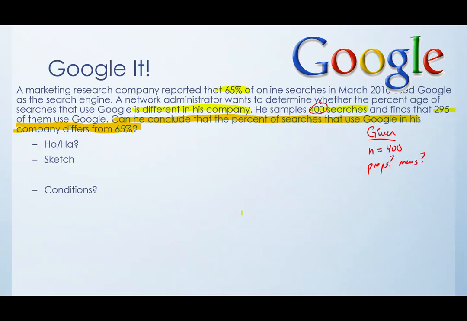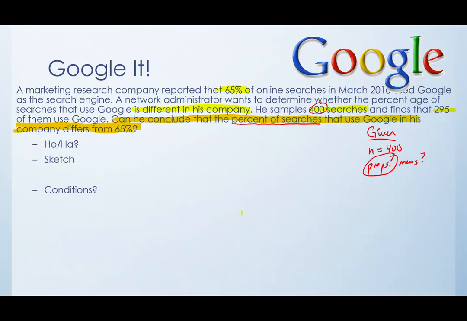Here we're looking at the percent of searches, which we could just as easily have said the proportion of searches. So we are definitely doing a hypothesis test for proportions. Anytime you've got a question like, can he conclude? Is there evidence of a change? Is it different than what's claimed? Is it higher than what's claimed? It really means we're doing a hypothesis test.